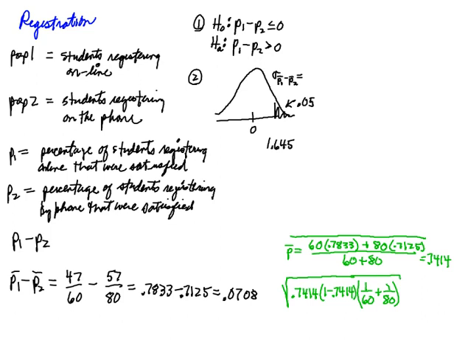Take the square root of the whole thing, and in this case I get 0.0746. So that's how I would calculate my standard error when I'm running a hypothesis test comparing the differences to 0.